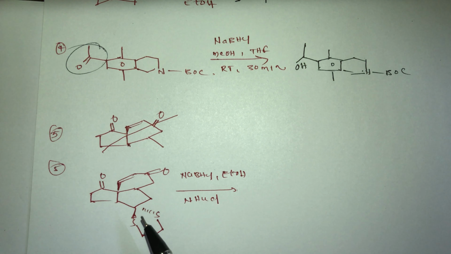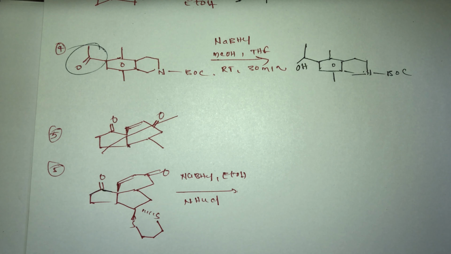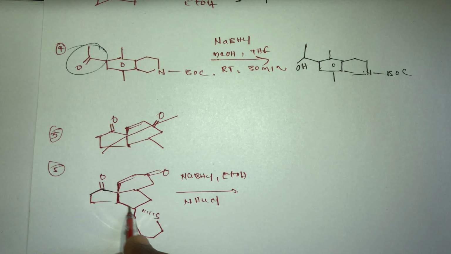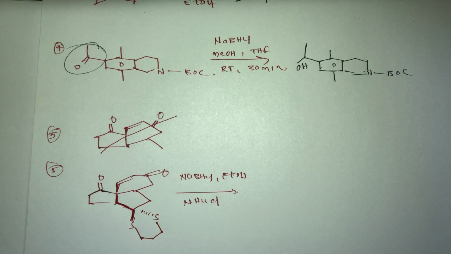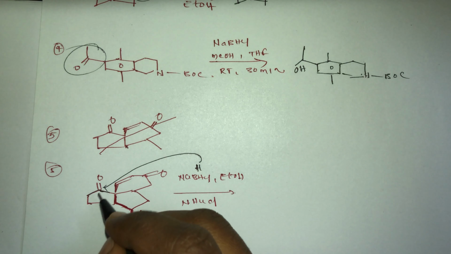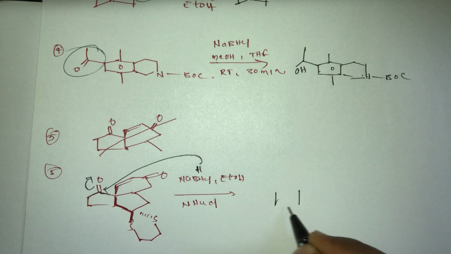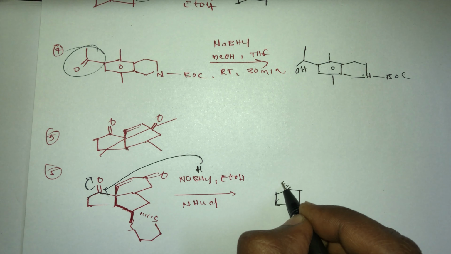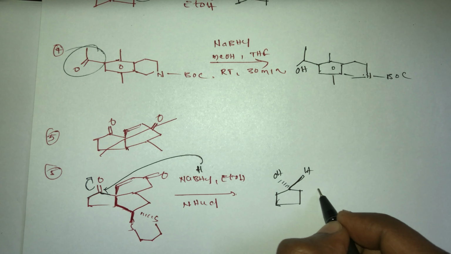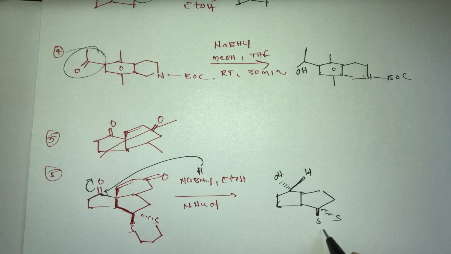If you see here, all these things are above the plane. So obviously hydrogen will attack from above the plane, and OH will be below the plane, right? So OH goes below the plane, hydrogen goes above the plane, and the remaining you can keep as is.